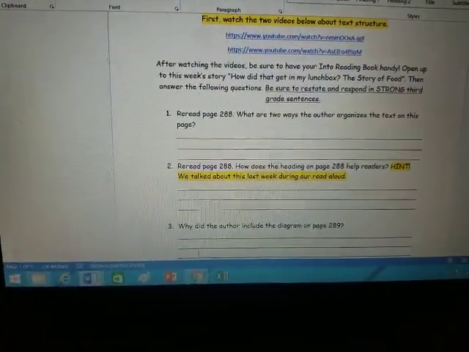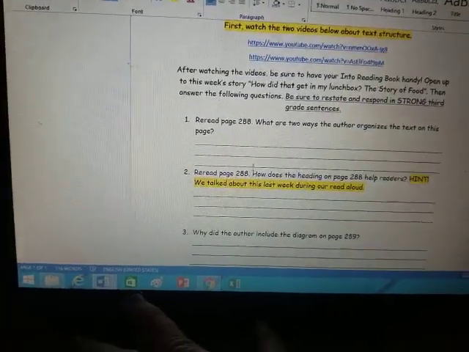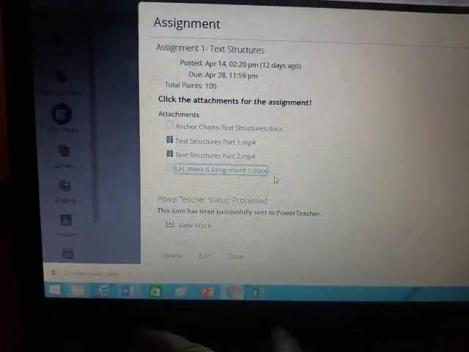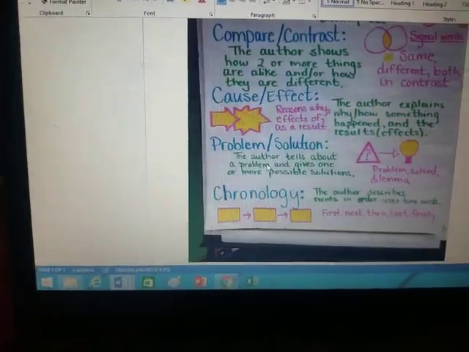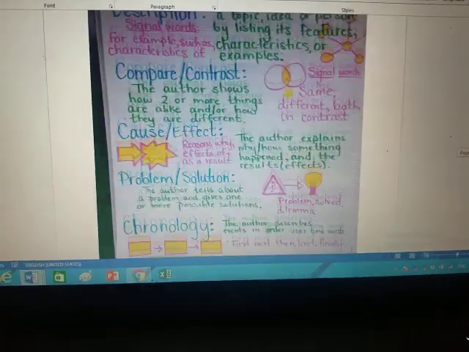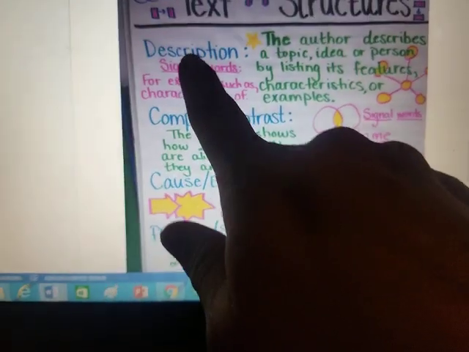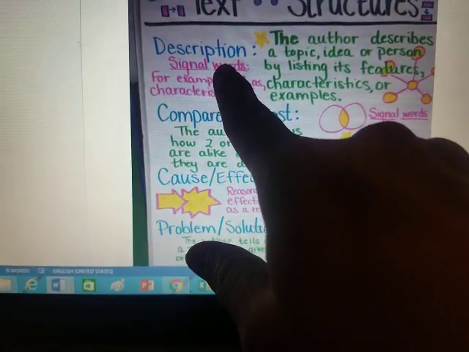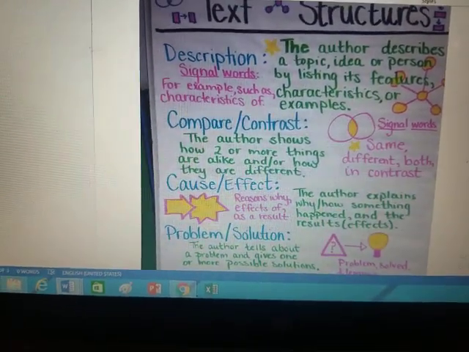Now, the question is asking you, what are 2 ways they organize this text? So flip back to your anchor chart. Let's pick 2 ways that the author organized it. Was it very descriptive? Did it give you a lot of adjectives when they described it? I'm going to say it again.